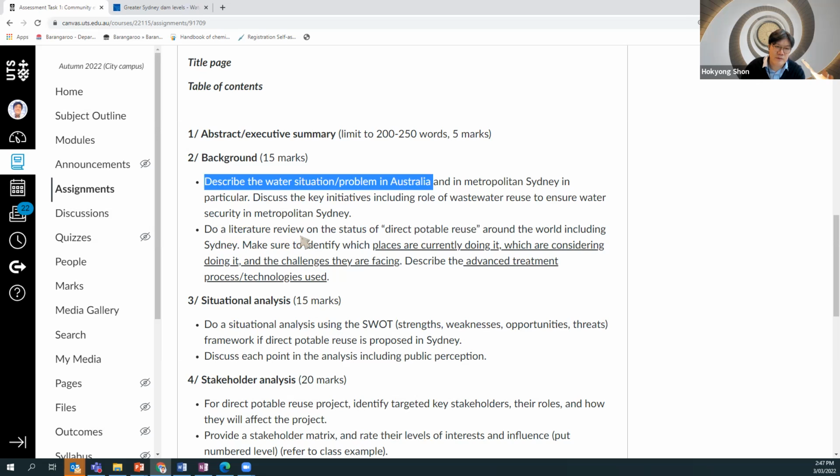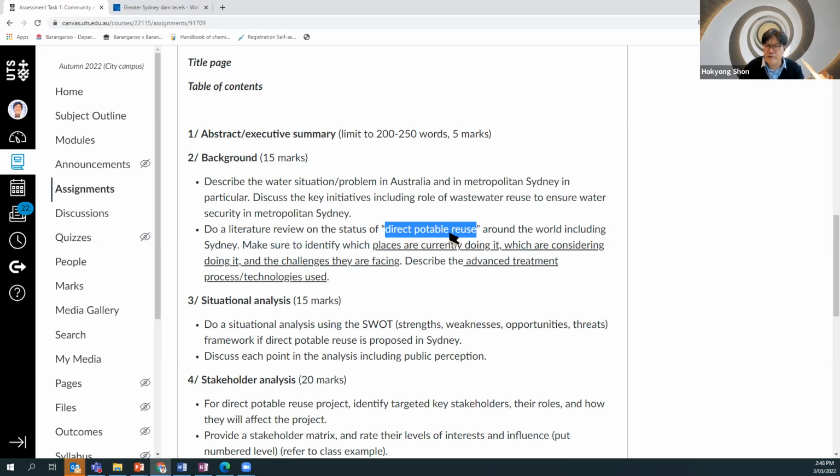Then do a literature review on the status of direct potable use. So far in Australia, nobody drinks water from direct potable use. But in some African countries, and also in the US, in some of the very severe drought areas like Texas or some of the California area, there are several cities that have direct potable reuse planning, but not really active at this moment.